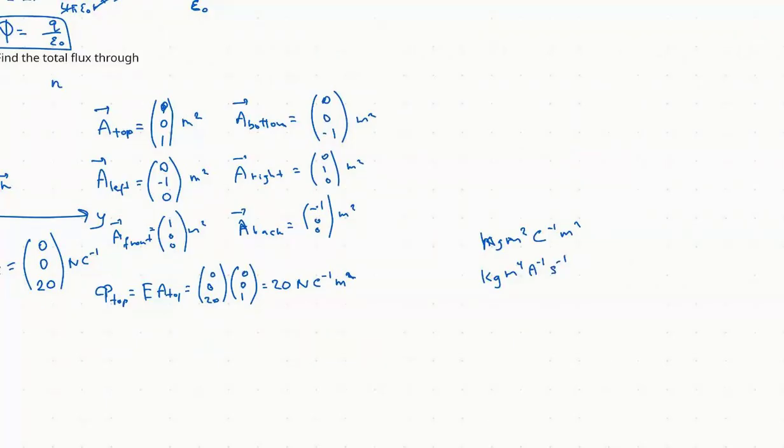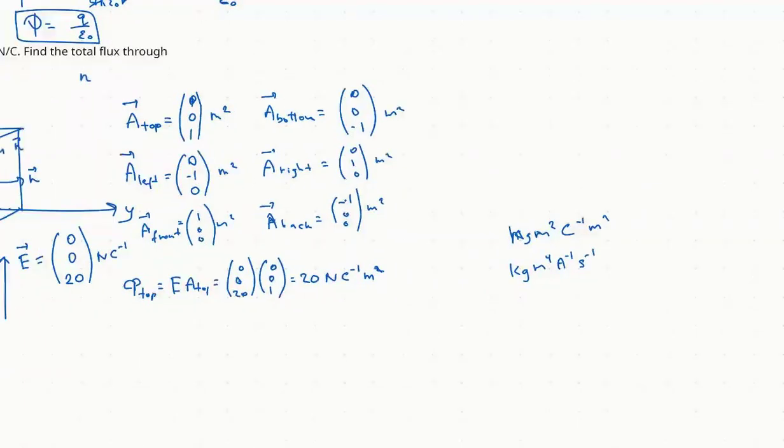That is in base units. Does flux have its own unit? No, I don't think so. Well, it has units; you can express it in SI units. So I'm just going to leave it as newtons per coulomb meter squared.